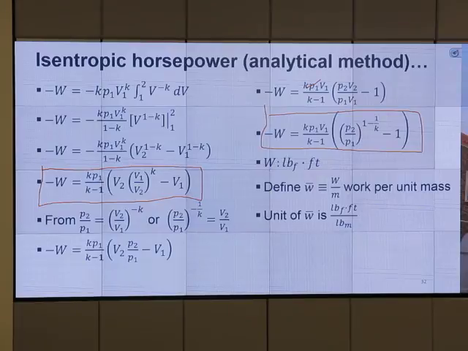So look at this block on the right hand side. It's not the final form yet, but it's a form that has consistent units. When all the units are consistent, W is not in pound force foot. If you put W as pound force foot, we need G sub C, right? So that W in the right hand side box is not pound force foot.